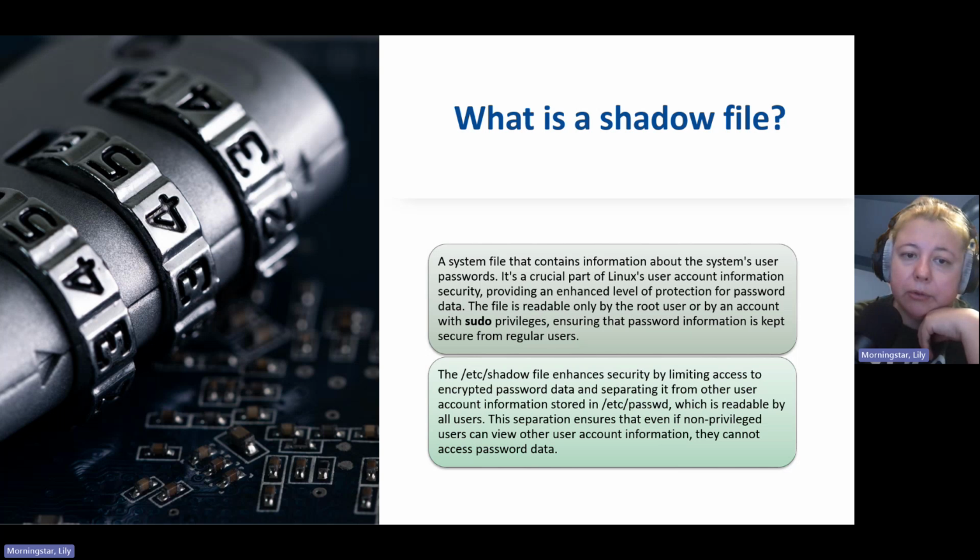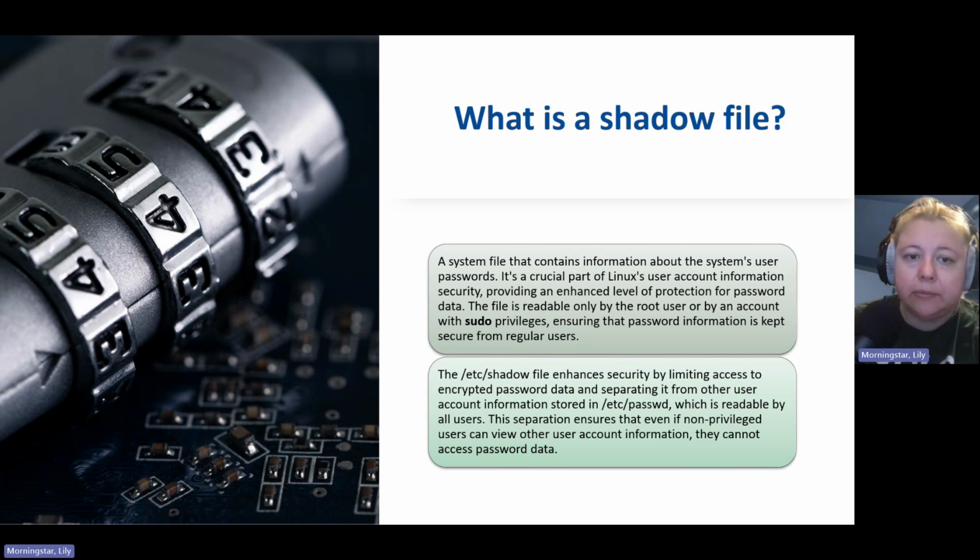It can be readable only by the root user and a sudoer account. A sudoer account is a type of user that is allowed to use the command sudo, which stands for superuser do, to elevate privileges.